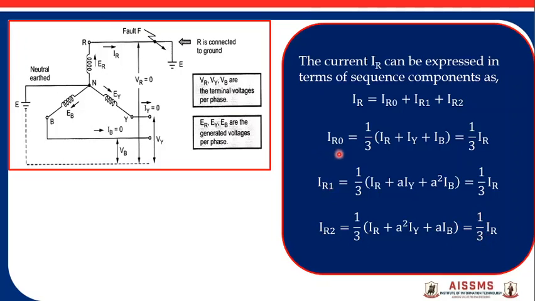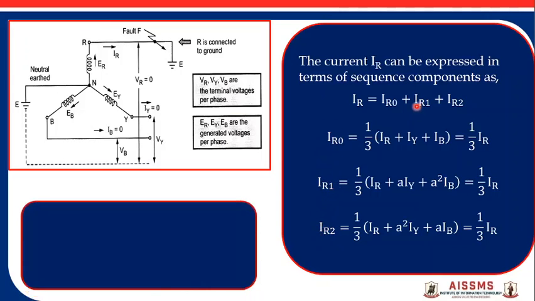So we have the values of IR0, IR1 and IR2. Substituting these values in this equation, we get IR0 equal to IR1 equal to IR2 equal to 1 by 3 into IR, because IR0 is 1 by 3 IR, IR1 is also 1 by 3 IR, and IR2 is also 1 by 3 IR.